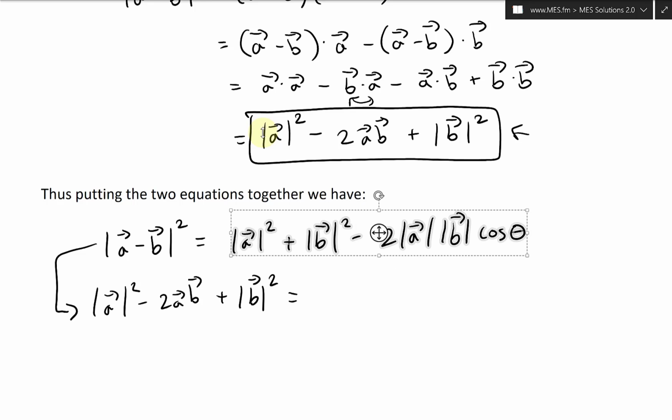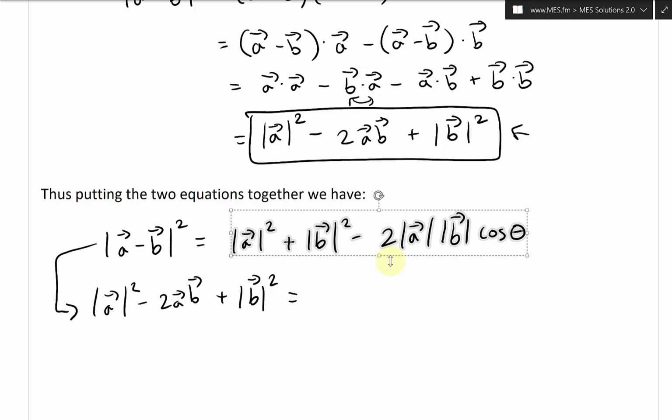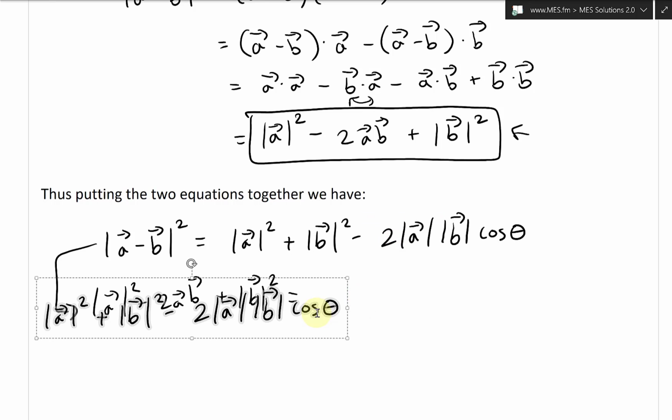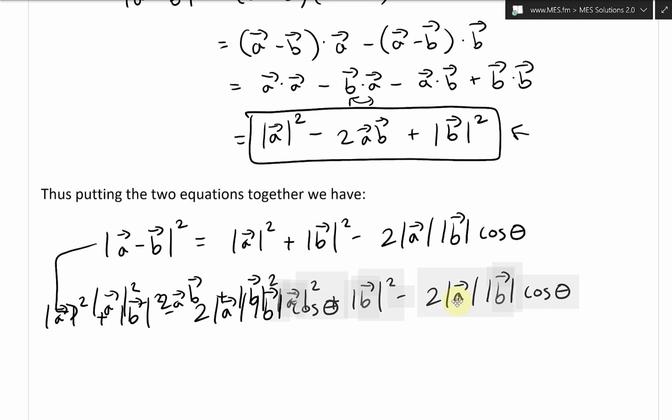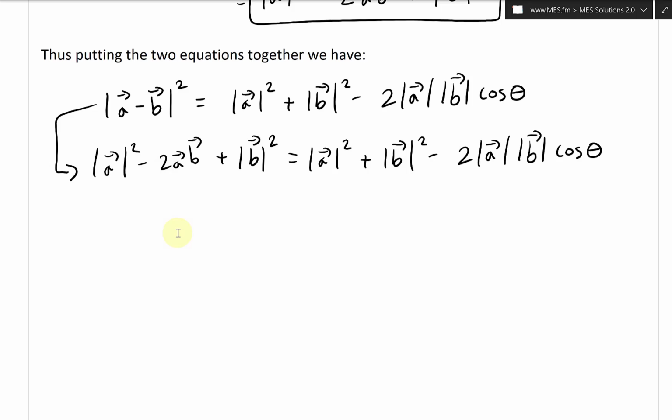I'm going to copy this, paste it here to save time, and move this all the way across here. All right, so that equals that, and now we can just do some simplification. Well, this cancels, this cancels, this cancels, this cancels.